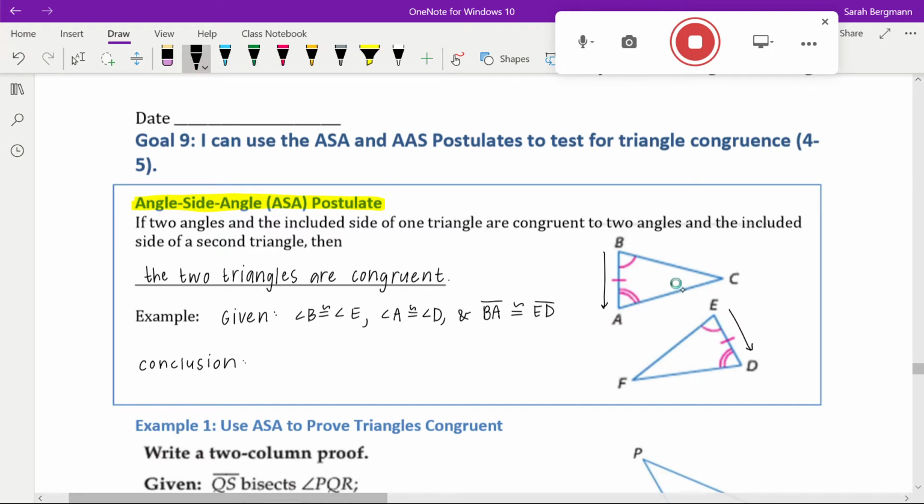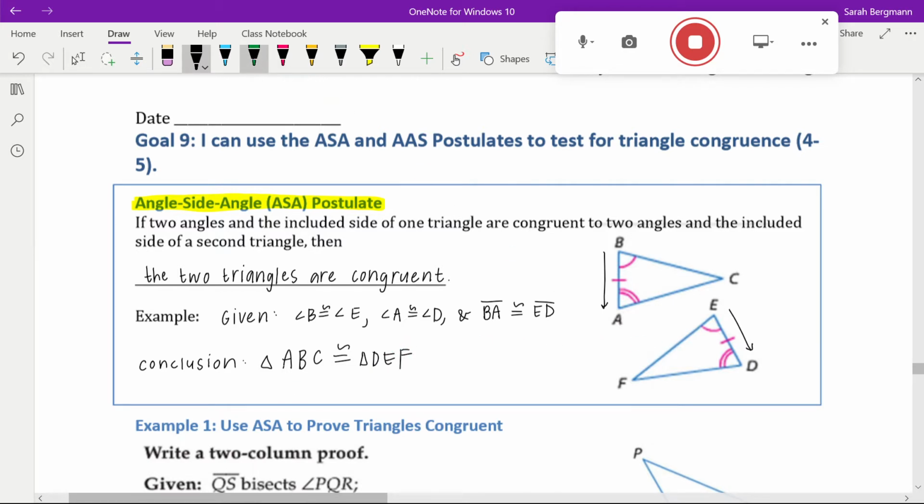For example, if you're given that angle B is congruent to angle E, and angle A is congruent to angle D, and the side between those two angles, side AB and side DE, are congruent, then we can conclude that triangle ABC must be congruent to triangle DEF.